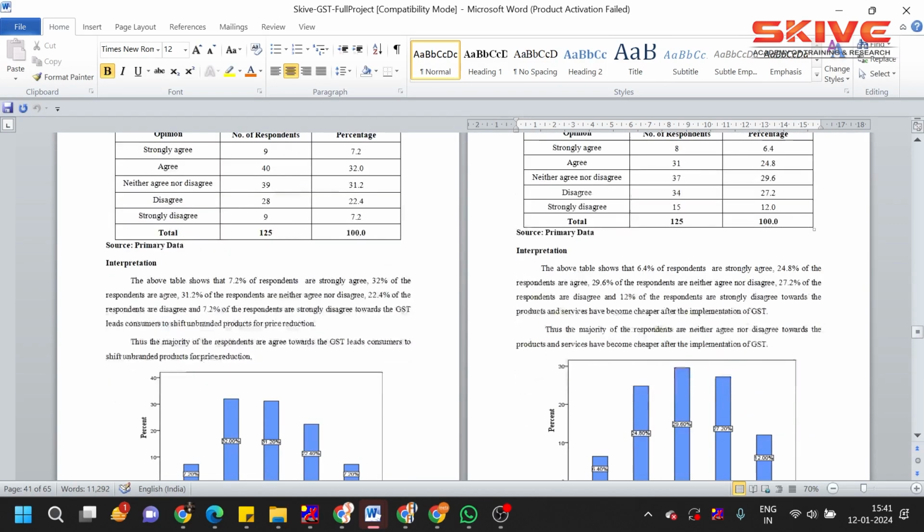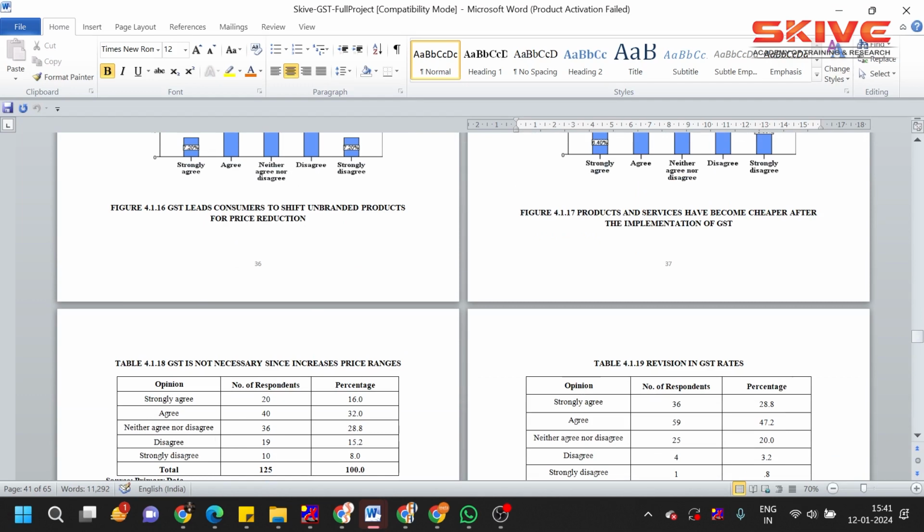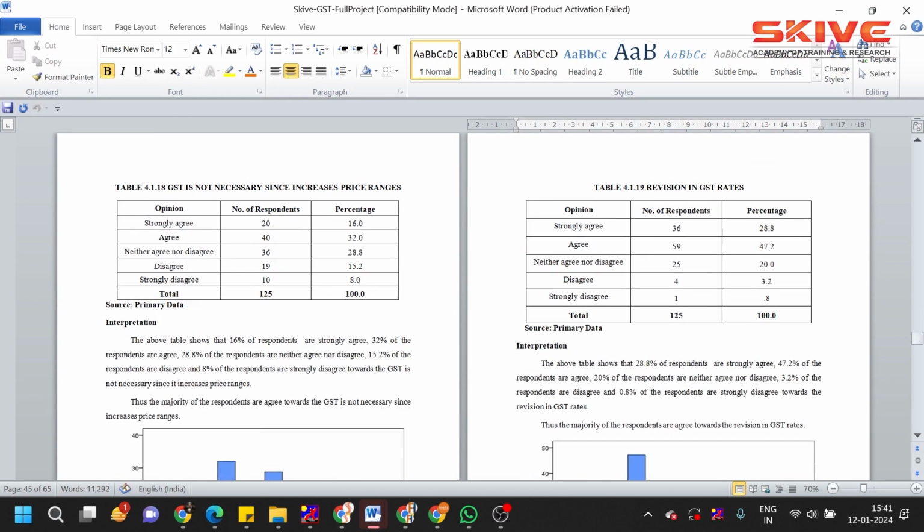For example, let us see one question. Here, table 4.1.18, GST is not necessary since it increased price ranges. A question was asked about the increase of price ranges because of GST.